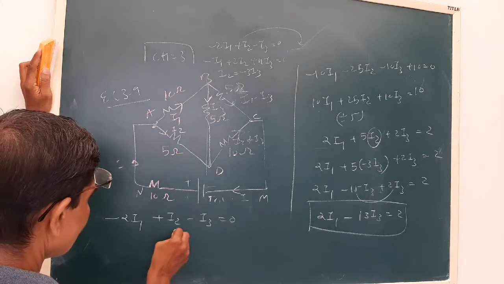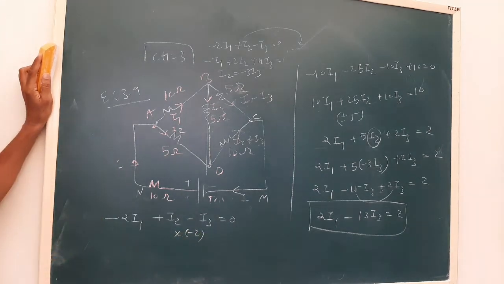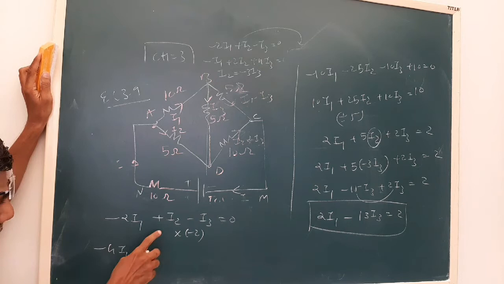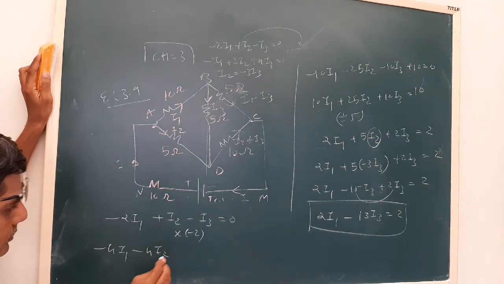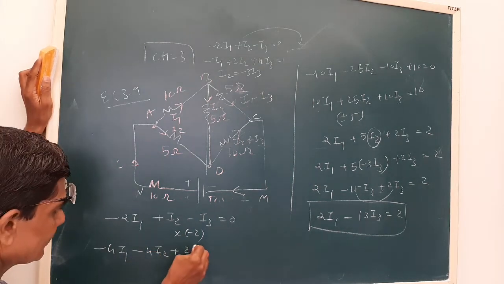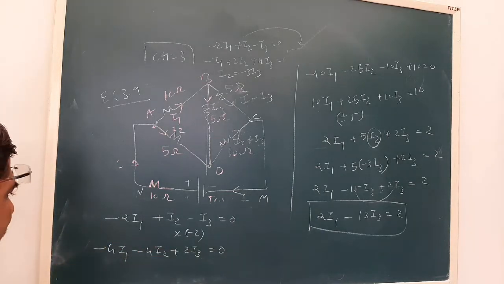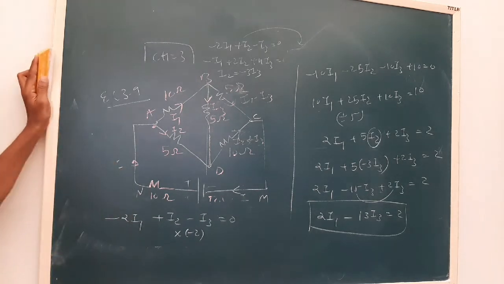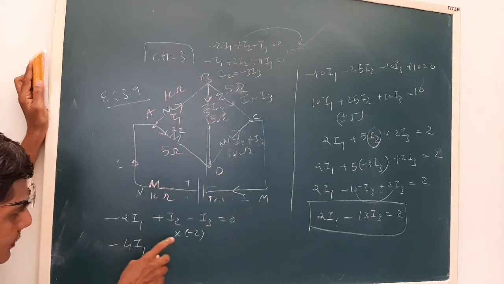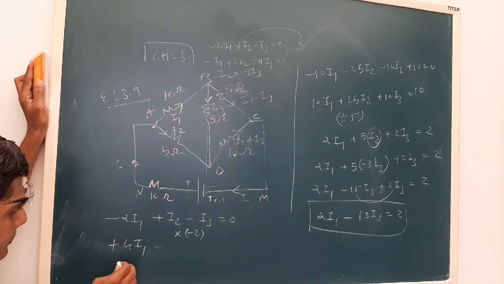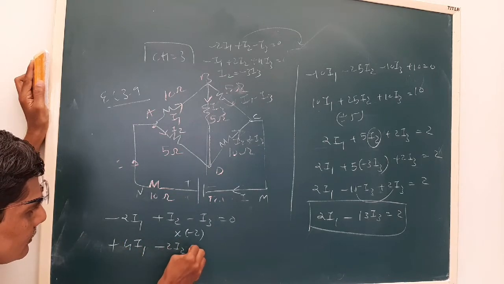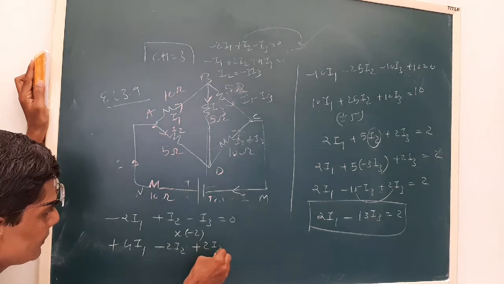If I multiply with minus 2, we get plus 4I1 minus 2I2 plus 2I3 is 0.